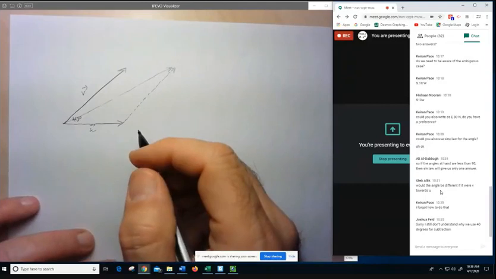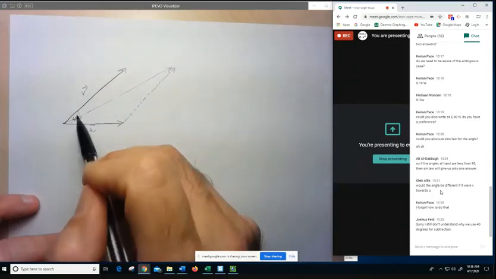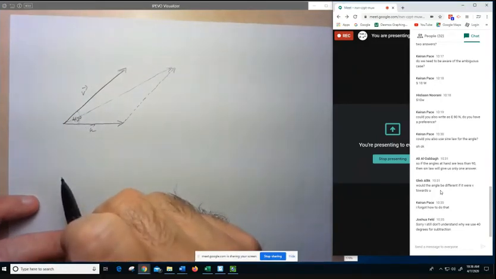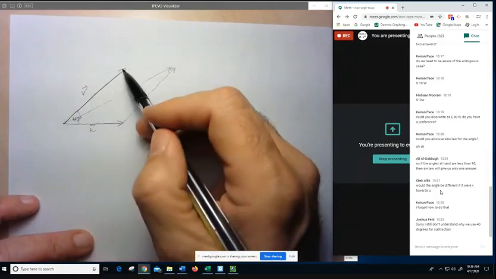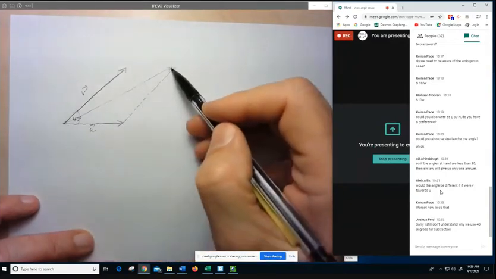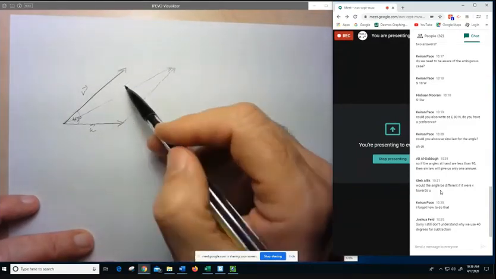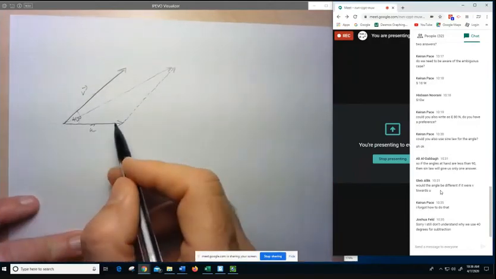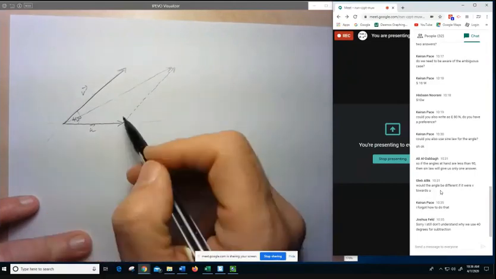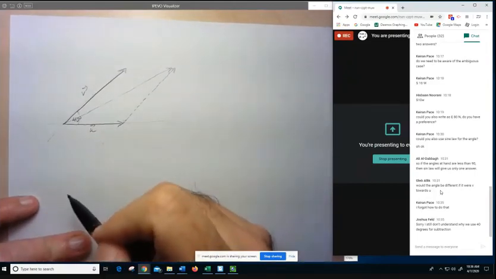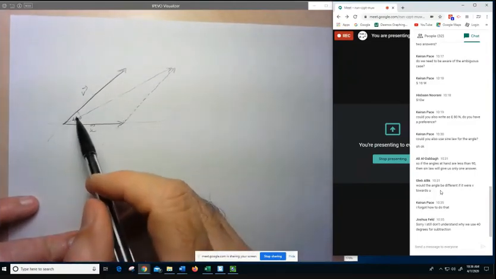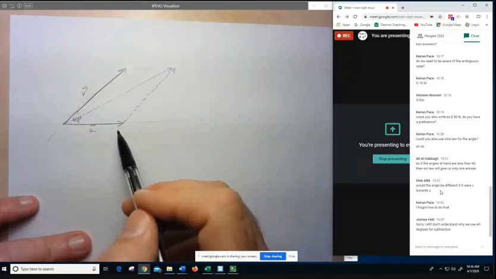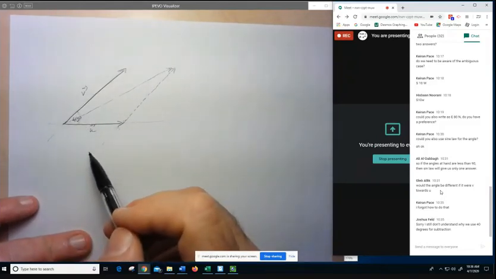But now look at my triangle. This is the triangle that I'm going to be working with. This angle 40 is not inside that triangle. But look at these two vectors, both representing V. Because they're the same vector, they're parallel to each other. And I have a third line that's crossing them. And the parallel line principle tells us that all the obtuse angles are going to be the same, and all the acute angles are going to be the same.